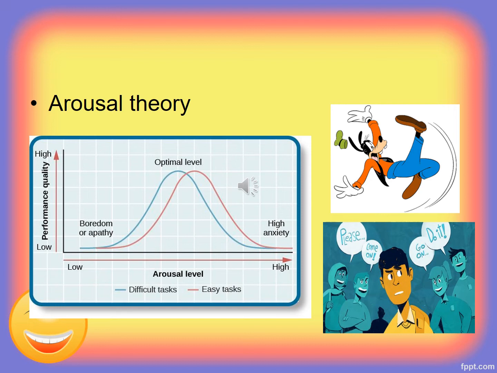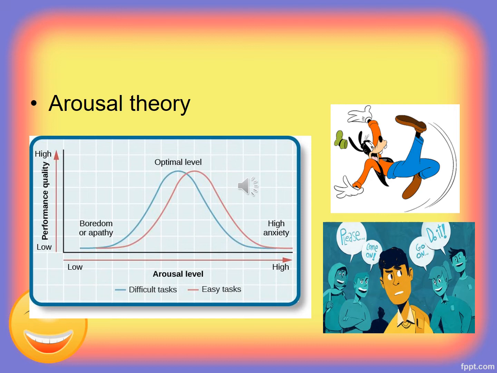But if the task is too difficult and it causes a high level of arousal, it may also affect the performance of people in this task because of the anxiety.